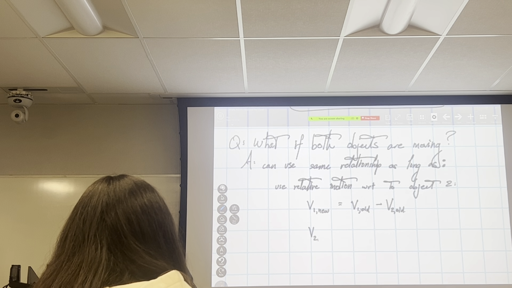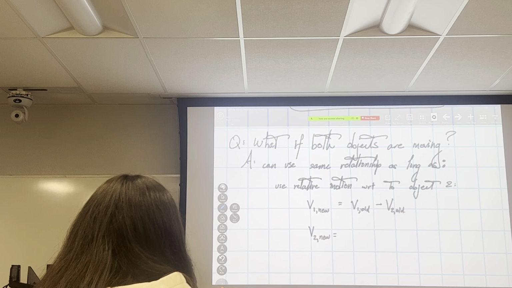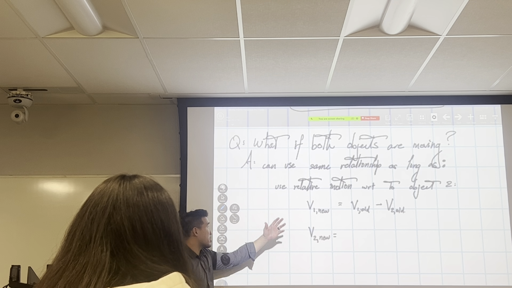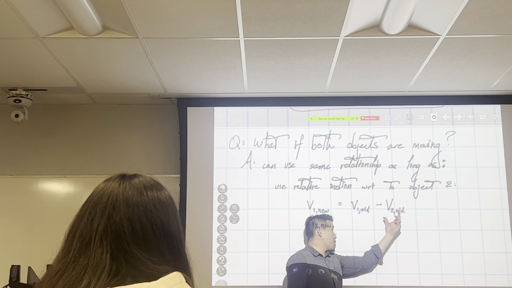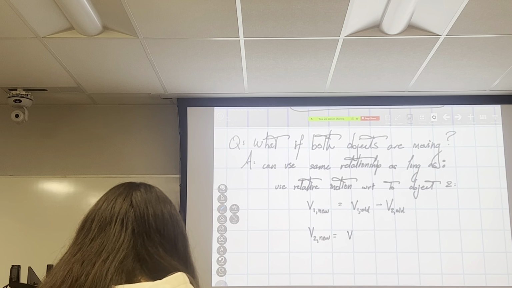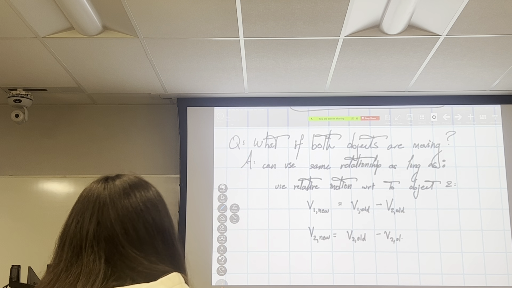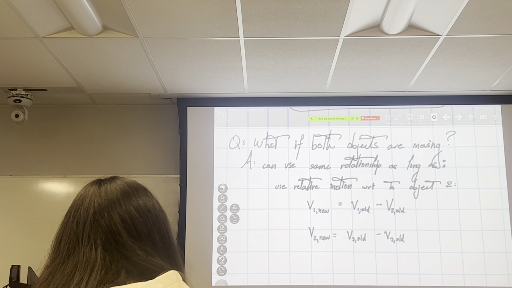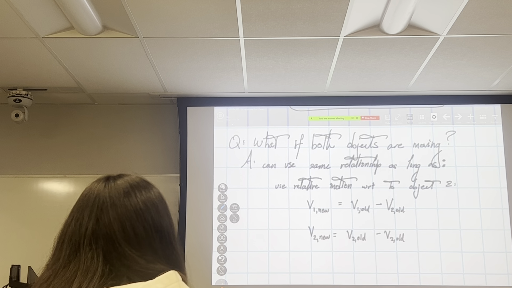We're going to do that with the second object as well. And all we are doing to use this relative motion is to subtract your speed from object number 2's old speed, which is going to be V2 old minus V2 old. So what is the new speed of object number 2?